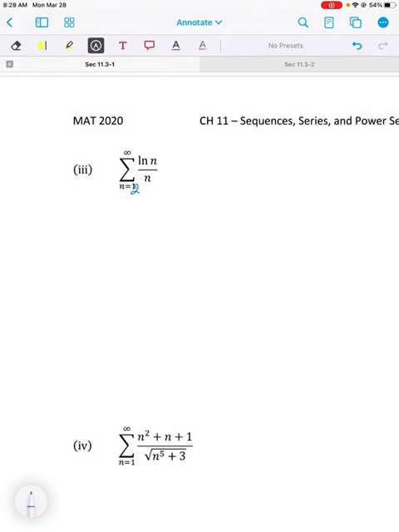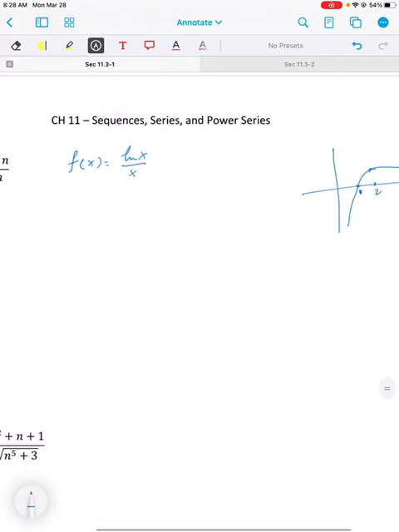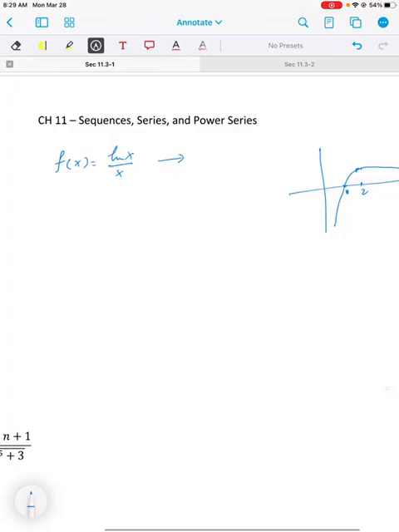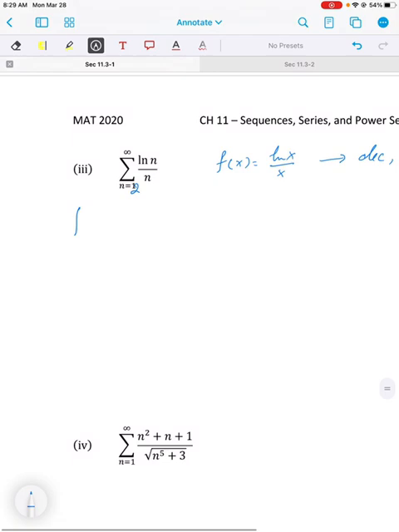Also notice ln of 1 is just 0, and you can ignore the 0 term. So we again say let f of x equal ln of x over x, and we know that this is decreasing, positive, and continuous.